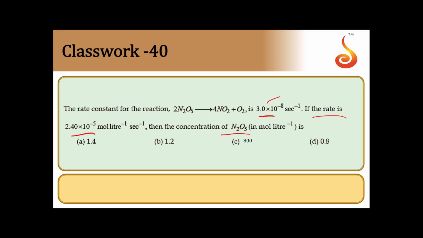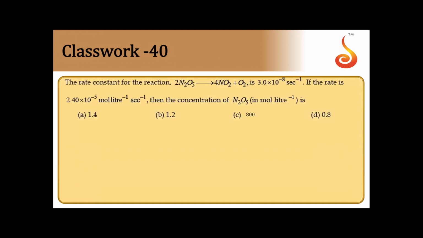And you are observing the units of rate constant, seconds inverse, means it is following first order kinetics only. Therefore, I am writing rate here: 2.4 × 10 to the power of minus 5, rate is equal to rate constant K, 3.0 × 10 to the power of minus 8, into concentration of N2O5.